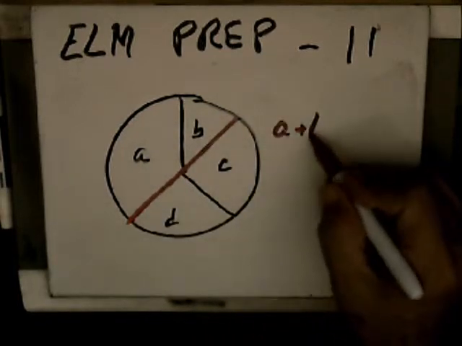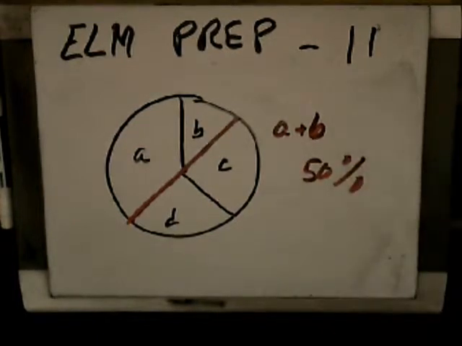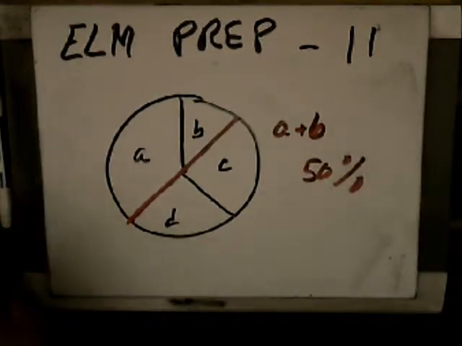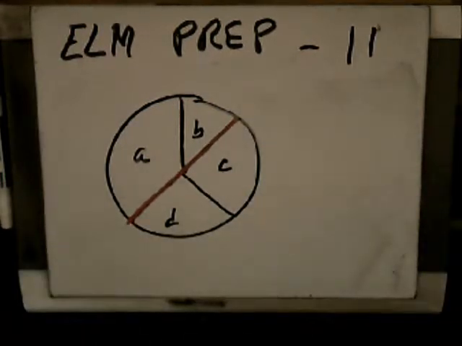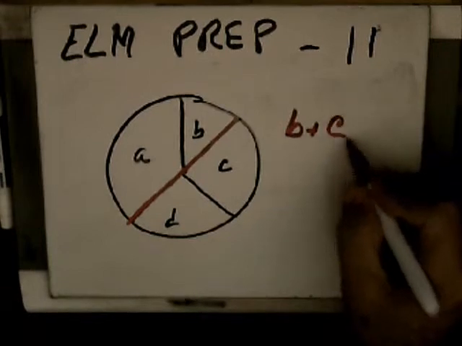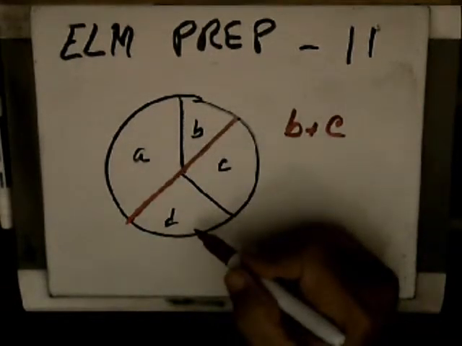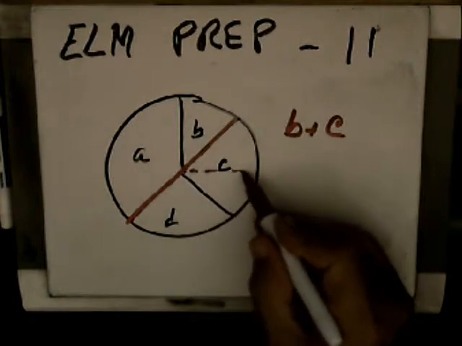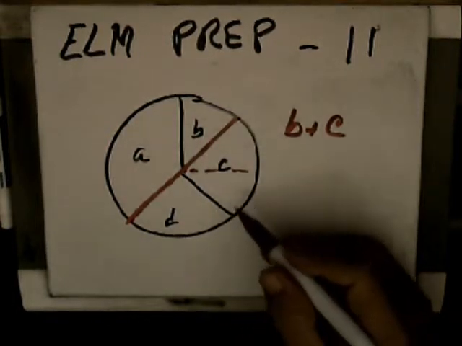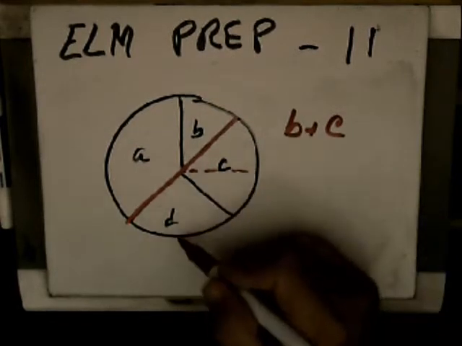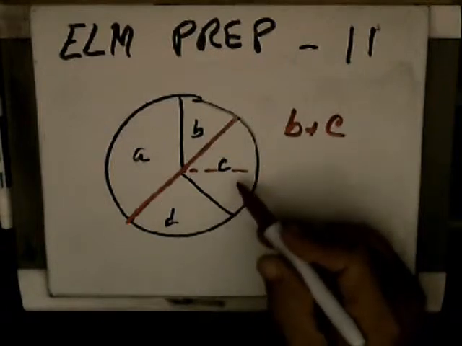So A plus B would be 50% of the total. That's fairly straight. That's not too bad. But what if they want to know what B plus C is? Obviously that's not half of the circle. But it is more than 1/4 of the circle, and less than half.